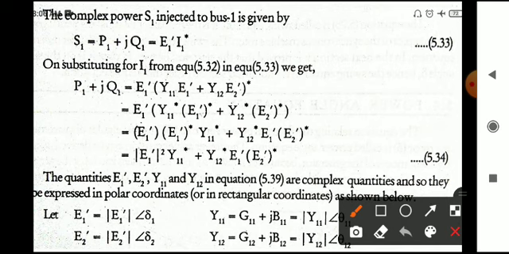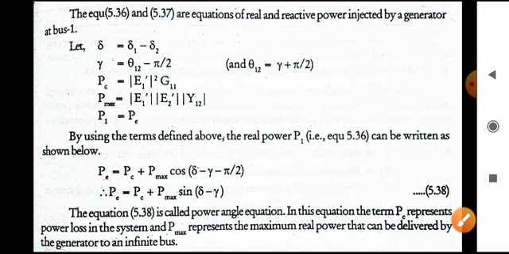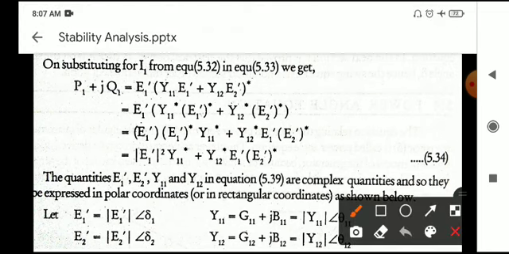By rearranging the terms, it becomes E1 dash into Y11 conjugate into E1 dash conjugate plus Y12 conjugate into E2 dash conjugate, because the conjugate is distributed over all the terms when we substitute the value of I1. By simply rearranging the terms, we get E1 dash and E2 dash here.